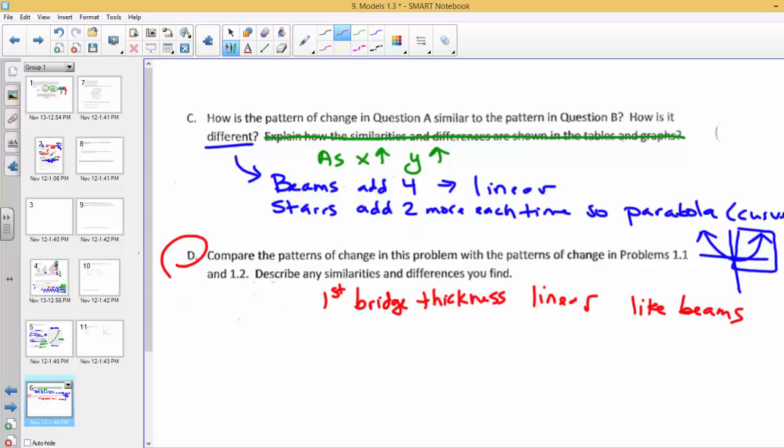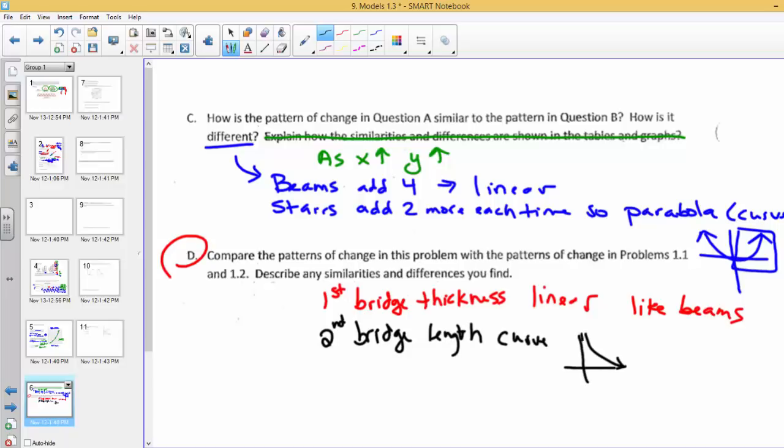It was a best fit line. It wasn't a perfect line, but it was linear. And the second bridge with length was a curve. The curve was a hyperbola.